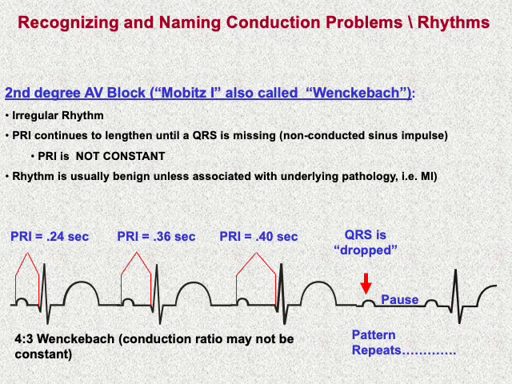So we have what's called group beating, meaning every 4 P waves, 3 are conducted. So this is the first type, progressive prolongation of the PR interval until one is not conducted. This is second degree type 1, Mobitz type 1, which is Wenckebach.